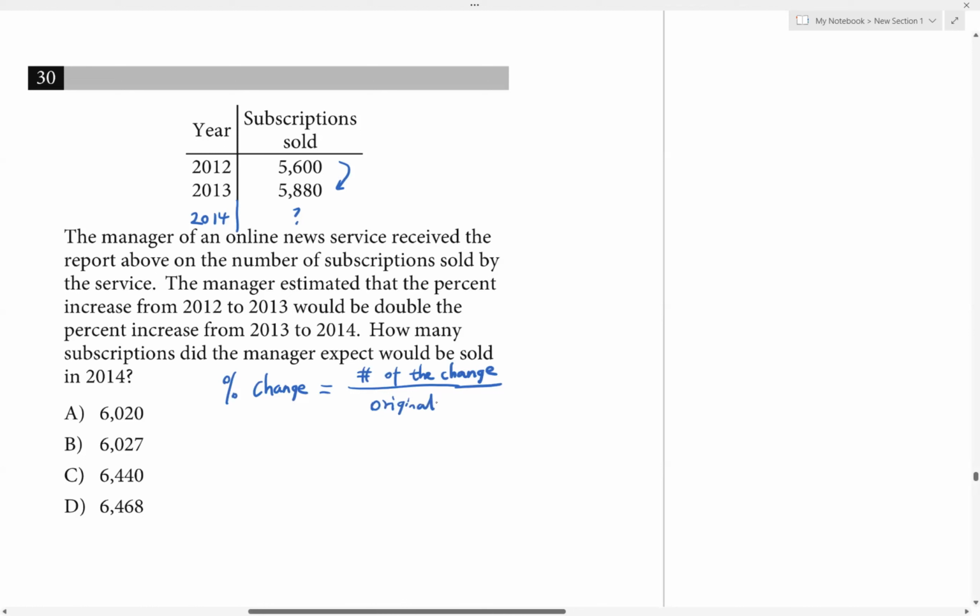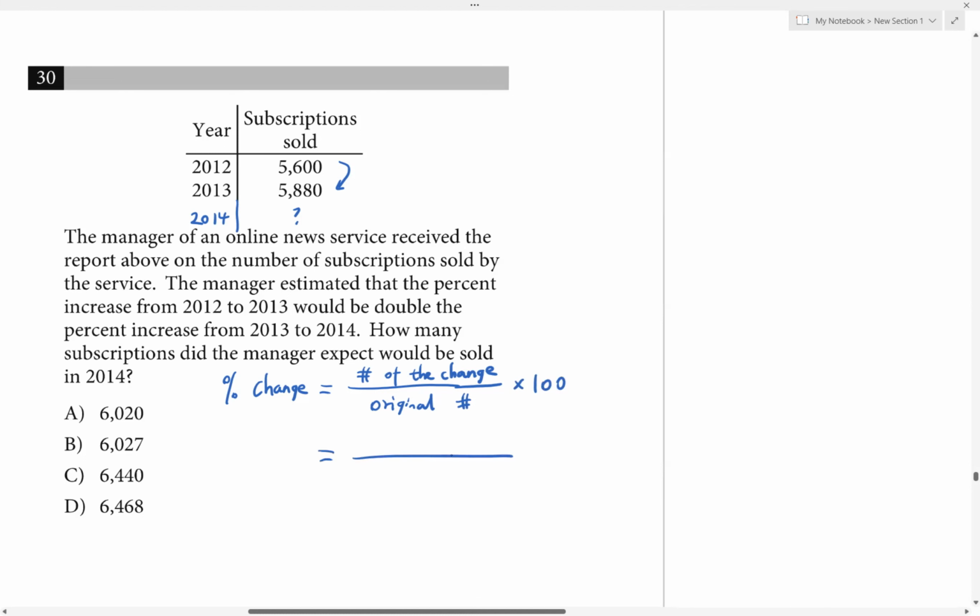So always divide by what we begin with to find the percent change. To solve for the change, we subtract, and the formula also multiplies by 100, which converts to a percent.